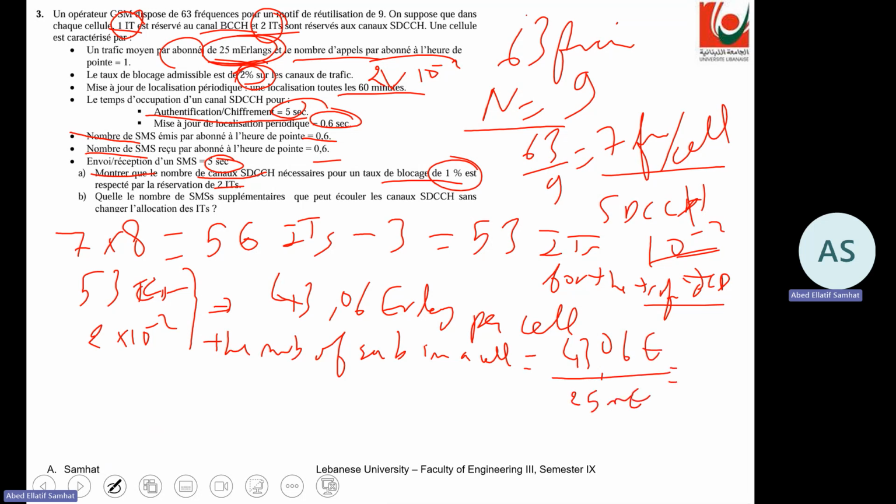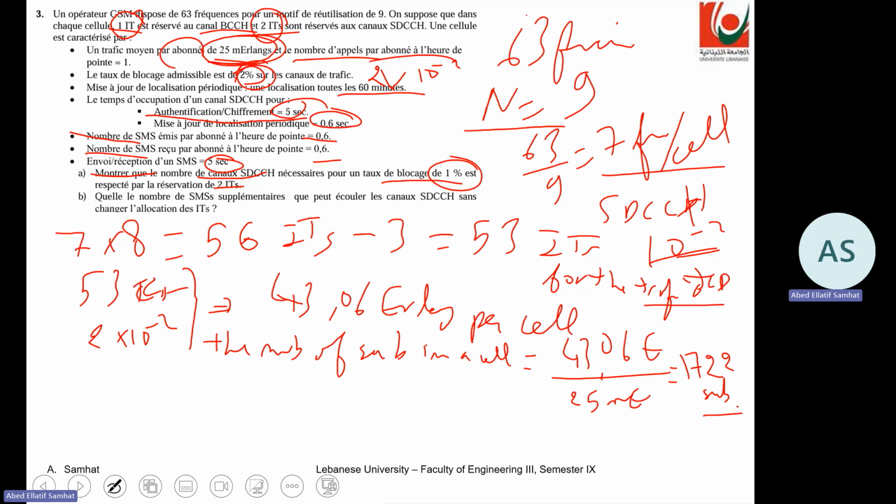In this case, it's around 1,722 subscribers. This is the maximum number of users that could be supported in the cell, taking into account the available channels for the traffic. So let's see what the signaling traffic generated by those users is.